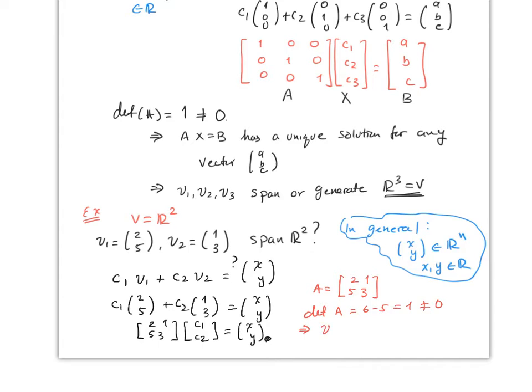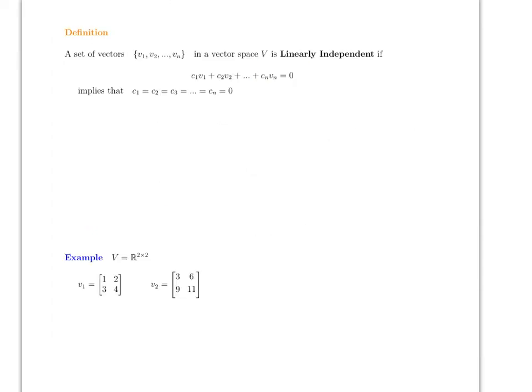So that implies that b1 and b2 span or generate R2. In other words, span just means that these two vectors are enough to create any vector in 2 dimensions.